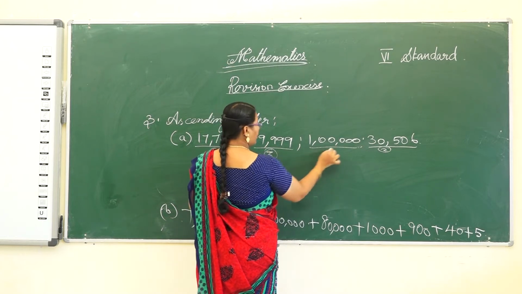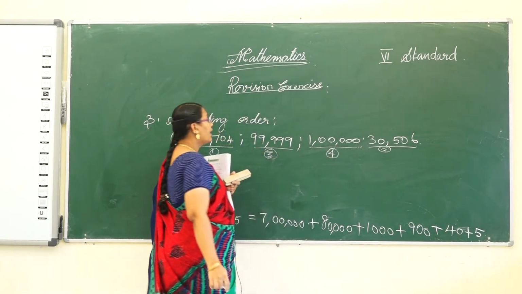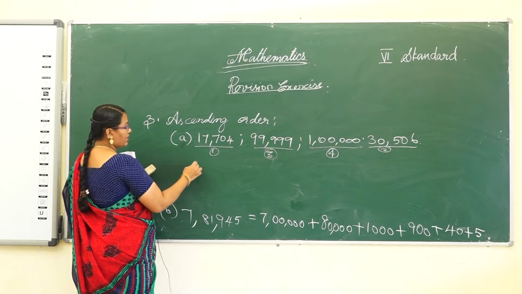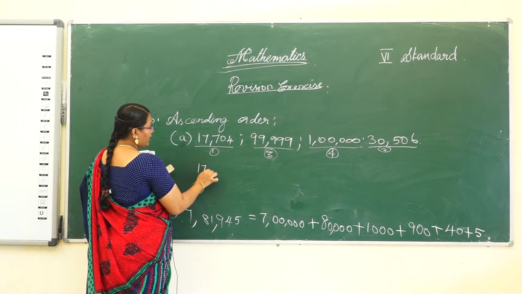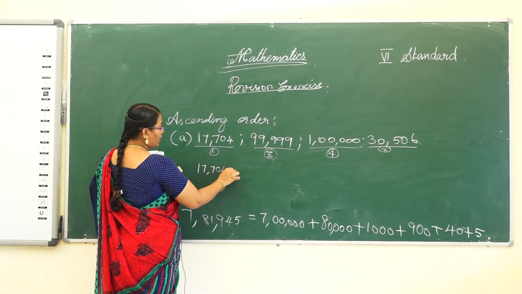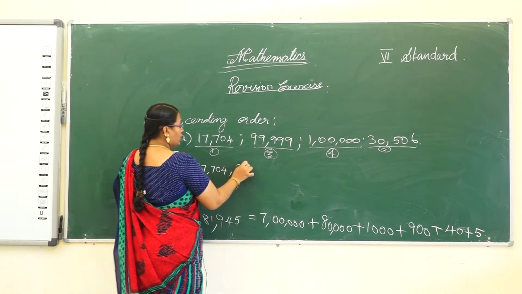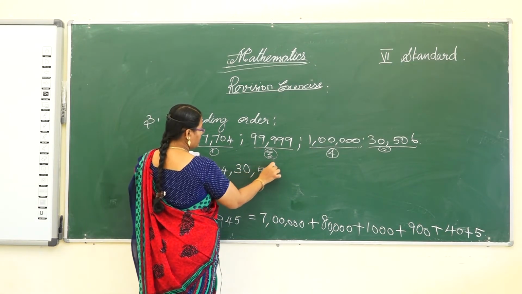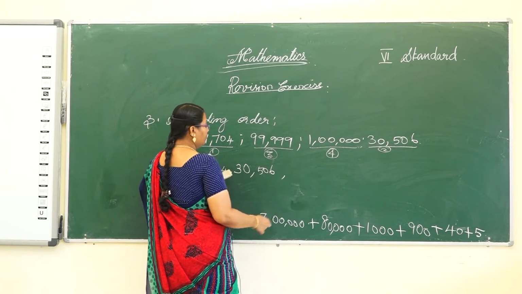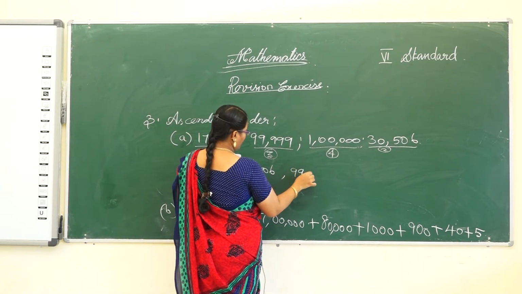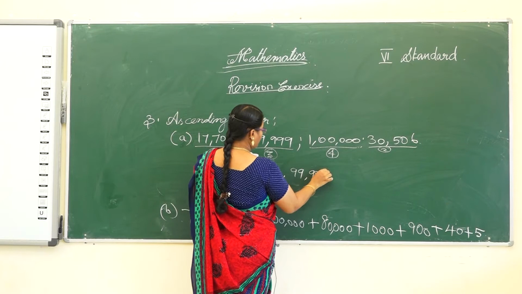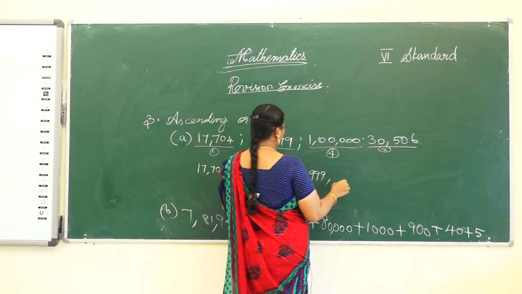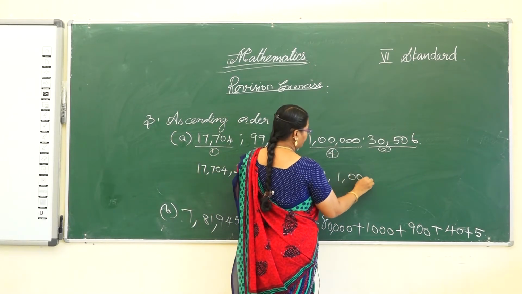So write in ascending order. First write the smallest number, 17,704. The next smallest number, 30,506. And next one, 99,999, and final 1 lakh.